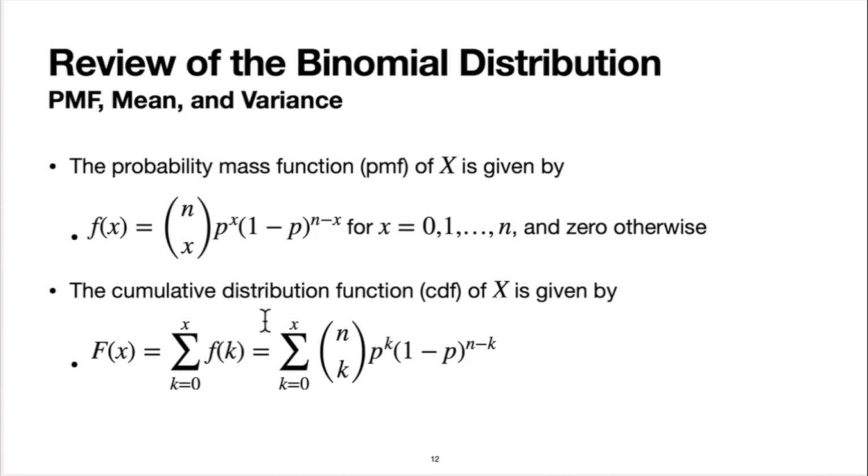For the case of this distribution, because it's a discrete distribution and because of the sample space, we can evaluate this by summing up the values of the PMF from 0 up to whatever the argument is we're feeding it here. I'm assuming here that x is an integer between 0 and n.